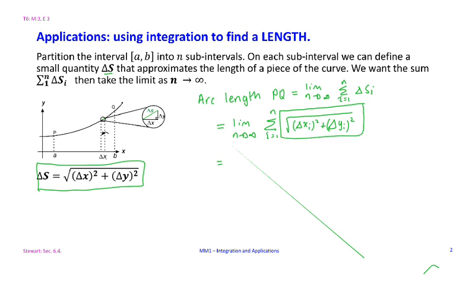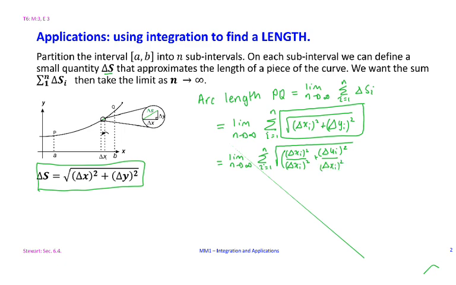so look at that, if we divide through, so I'm going to do it this way, by delta x all squared, we get delta y all squared over delta x all squared.